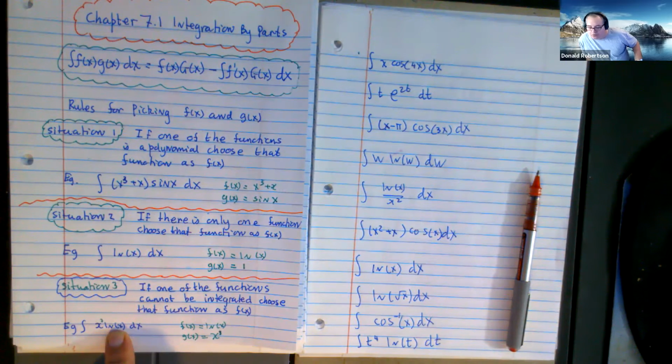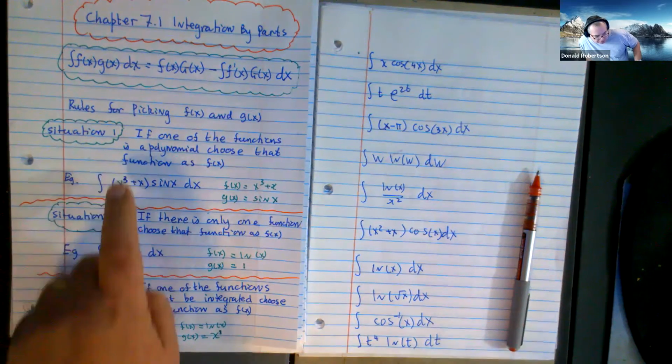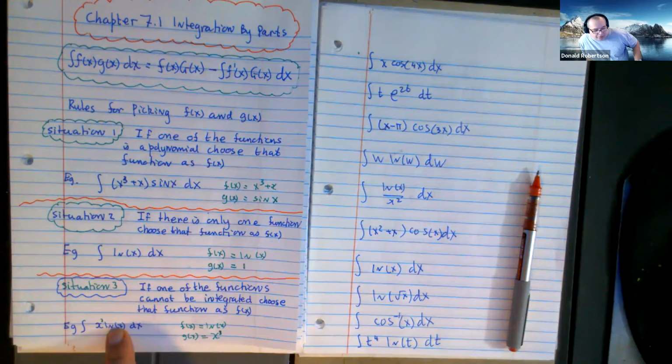The integral of log x is not anything at all. It's not 1 over x. That's what you get when you differentiate it. So you have to be aware that sometimes this rule doesn't work and you have to use situation 3. You have to use the thing that cannot be integrated. You have to make that your f of x.